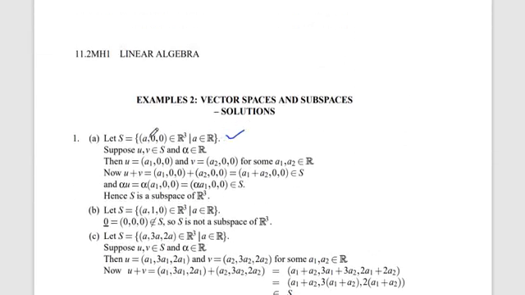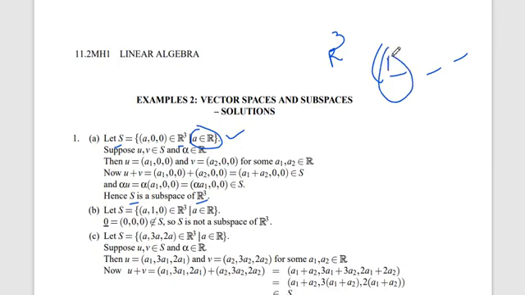Here S is equal to {(a,0,0)} belongs to R cube and a belongs to R. Now we have to find out if S is a subspace of R cube. What is R cube? R cube means x, y and z.